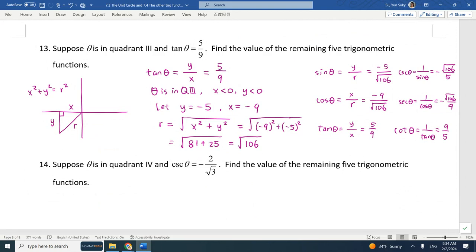Yeah, so you said y is negative. I squared minus 1.